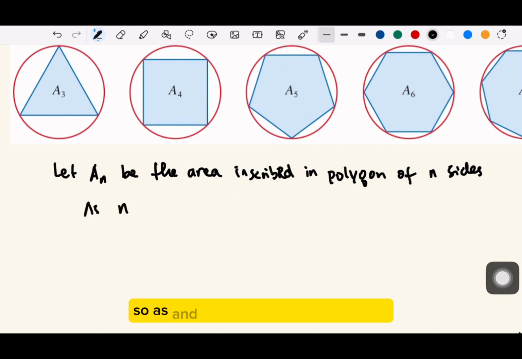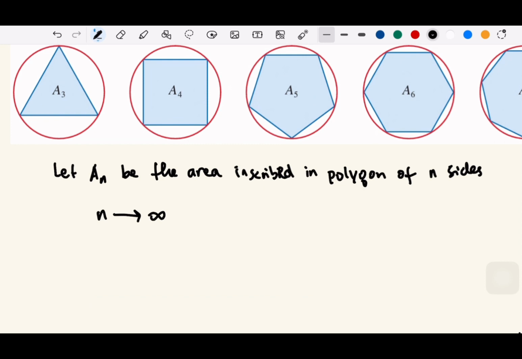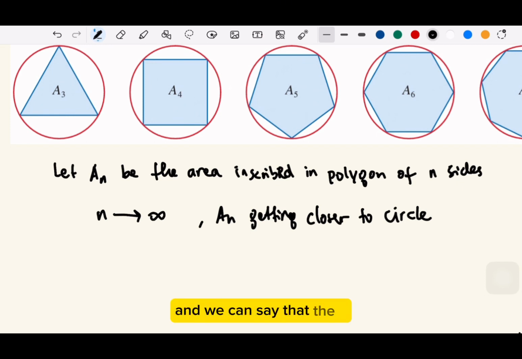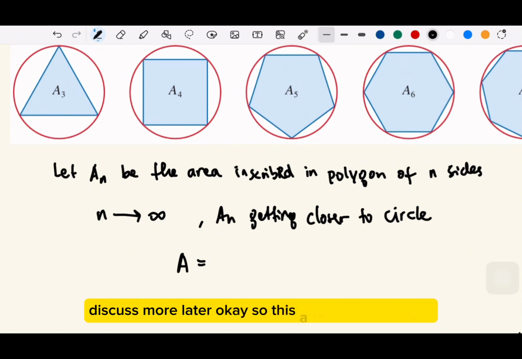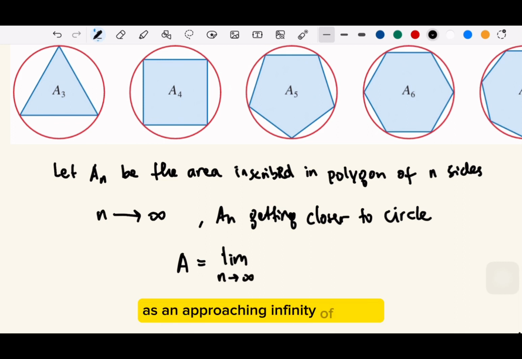As n increases, getting sufficiently large, it appears that A_n is getting closer to the circle. And we can say that A, in this definition, let me just introduce you now, but we are going to discuss more later, is the limit as n approaches infinity of A_n.